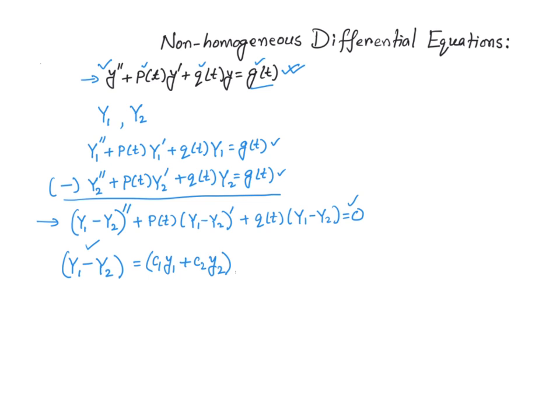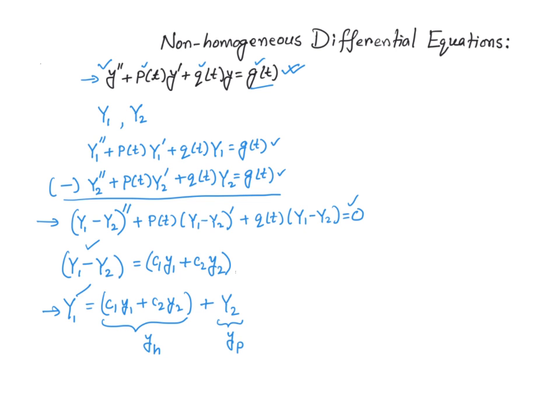Now I can rewrite this as y1 is equal to c1 y1 plus c2 y2, then I can add y2 to it on the right-hand side. Now, if you look at this equation, that's kind of interesting. This is the homogeneous part, which typically we call y sub h, and this is the non-homogeneous part, some solution which you call y sub p, or particular solution.